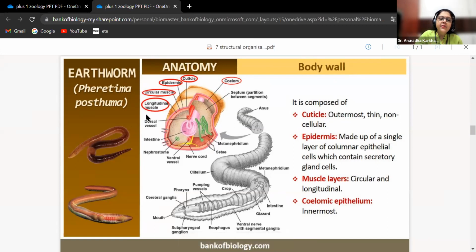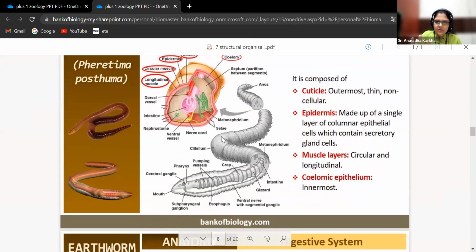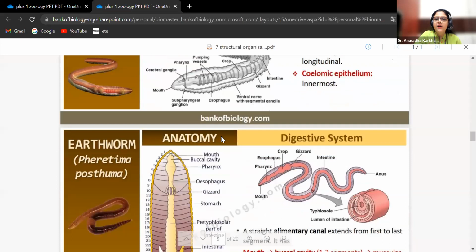You can see very clearly the longitudinal muscles, the circular muscles, the epidermis. This is the cuticle. This is the coelom or the cavity. Okay? Just remember the important points, don't take much tension.